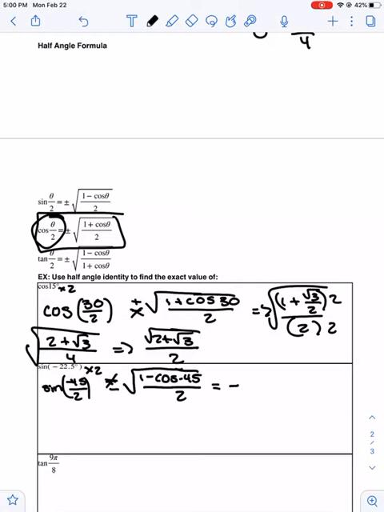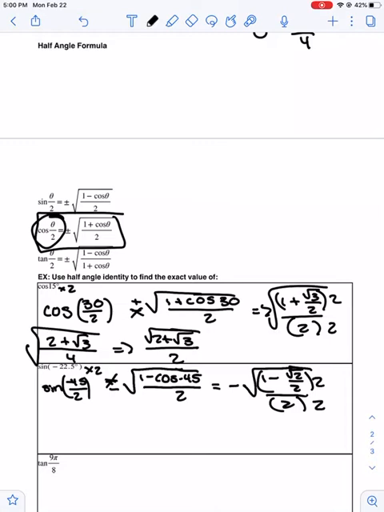So the cosine of 45 is root 2 over 2. So 1 minus the square root of 2 over 2, divided by 2.